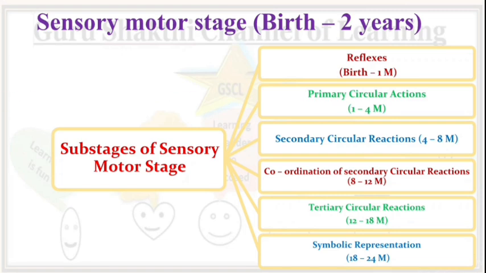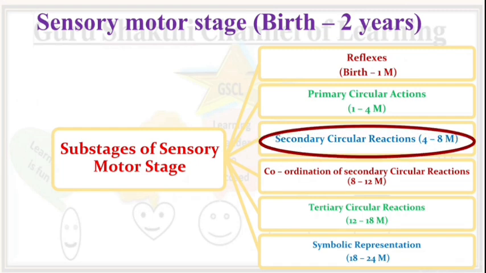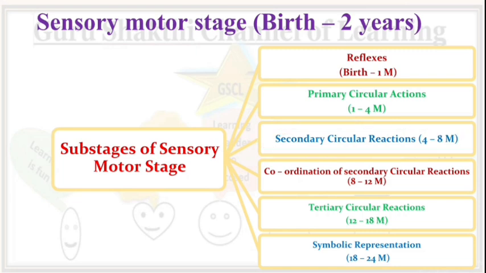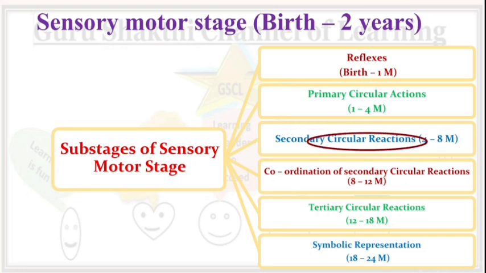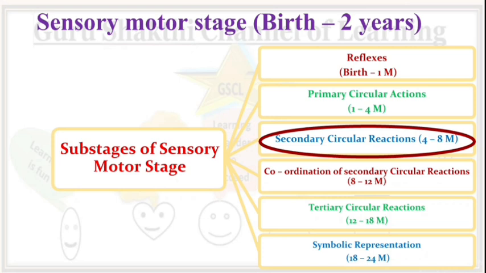The next substage, that is the secondary circular reactions, from 4 to 8 months, the infant develops curiosity towards many things.